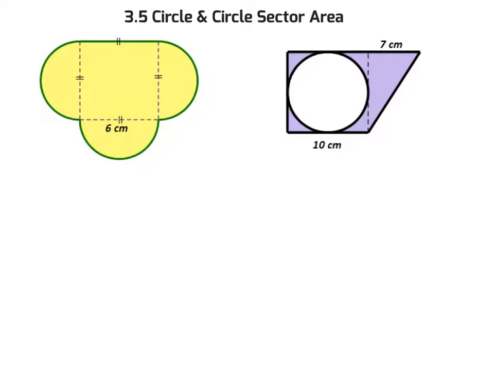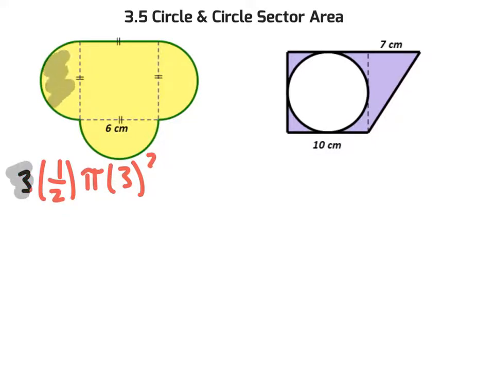Let's see. You can see what this is. This is 3 1/2 circles, right? 1/2 pi r squared. So just to make sure you saw what I did there. 3 of them, right? 1, 2, 3 of them. And don't forget that they are only half circles, not full circles.